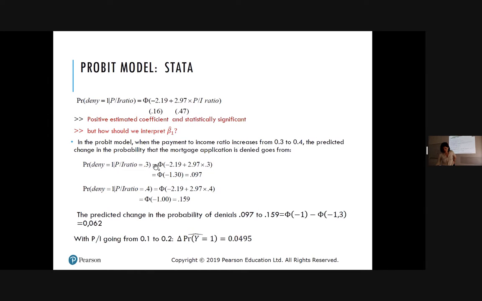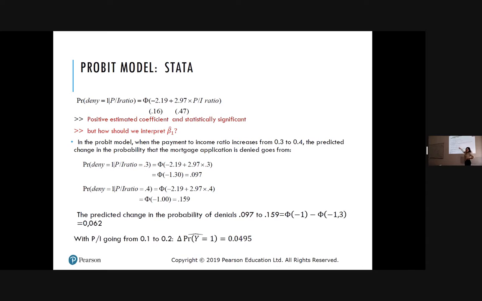And actually this is something that we can prove just by, again, computing the difference in the predicted probability of being denied when x is equal to 0.1 before the change, to the predicted probability when x is equal to 0.2. So still using the estimated beta 0 and estimated beta 1, here instead of using 0.3, we have 0.1. Here instead of using 0.4, we have 0.2.